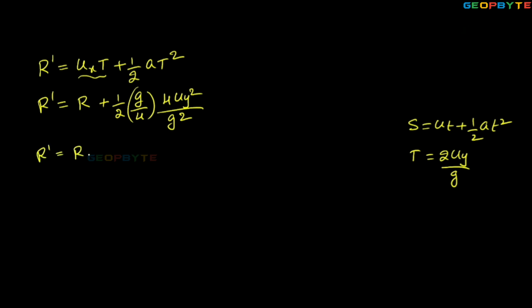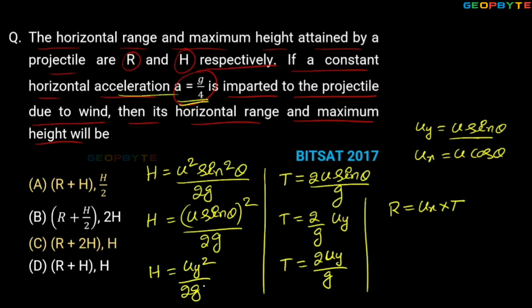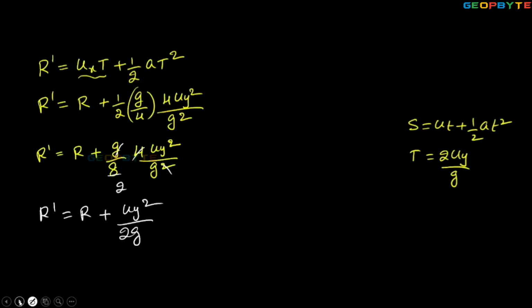R dash equal to R plus g by 8 into 4 uy square by g square. Here you can cancel 4 two times, g one g cancel, R dash equal to R plus uy square by 2g. But look at the H value. H value is uy square by 2g.